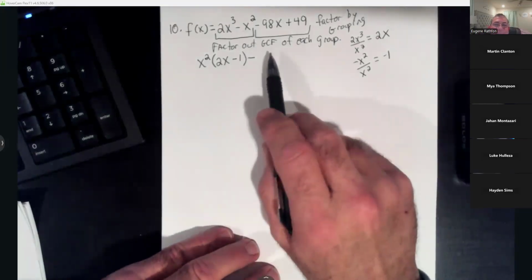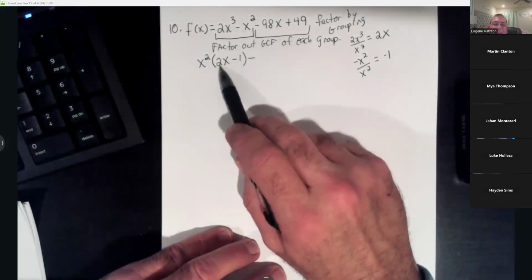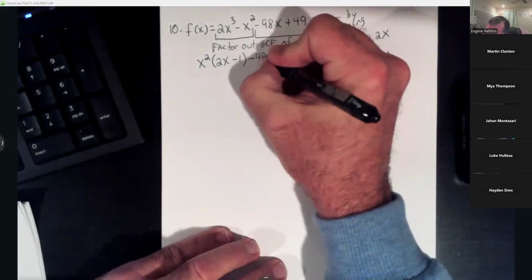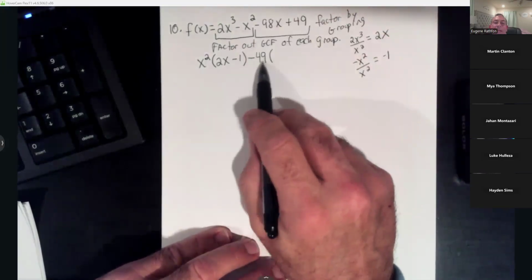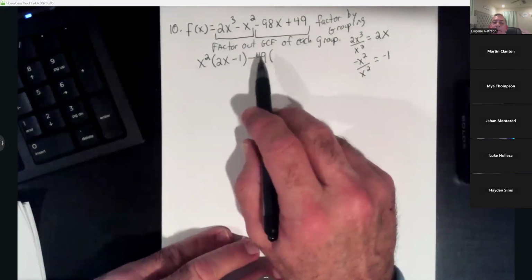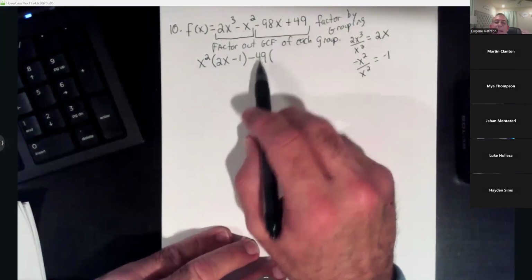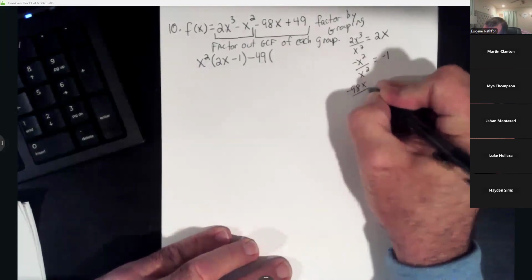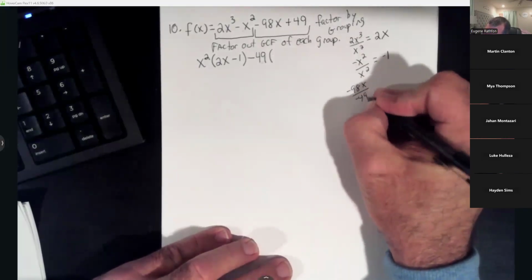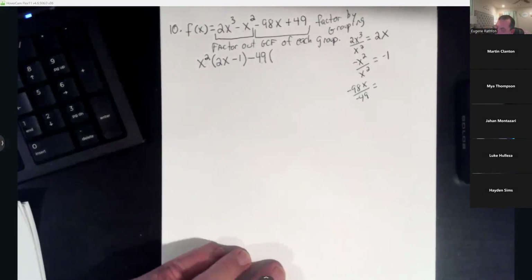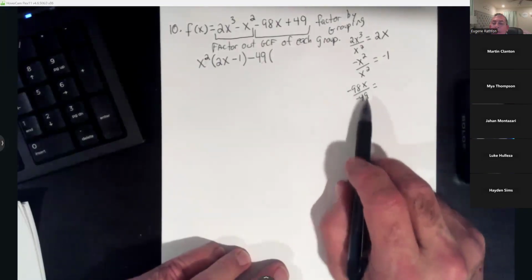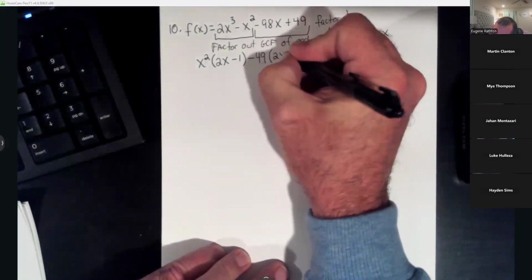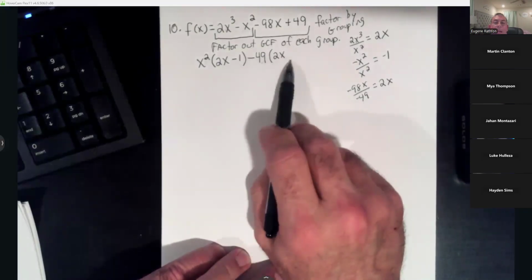All right, y'all, so I'm going to show y'all what it is. Because I got a 98, I got to get that to be a 2. So 98 divided by 49. So this second GCF is going to be a -49. Because y'all watch what I had to do. I got -98x. If I divide that by -49, well, what's that giving me? That's going to give me a 2x. That's what I needed right here. And then I need to make this one equal -1.